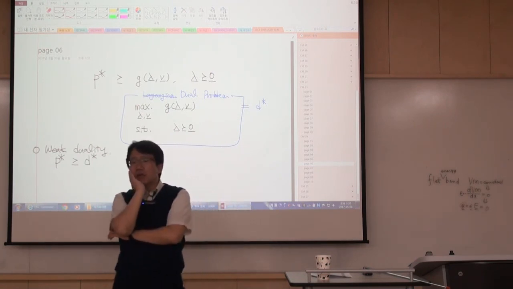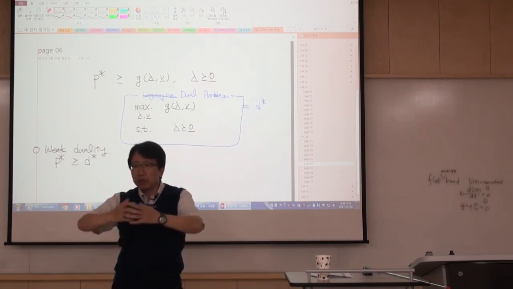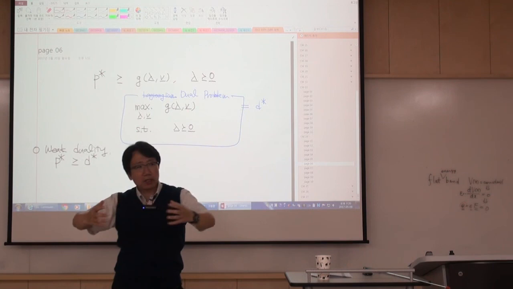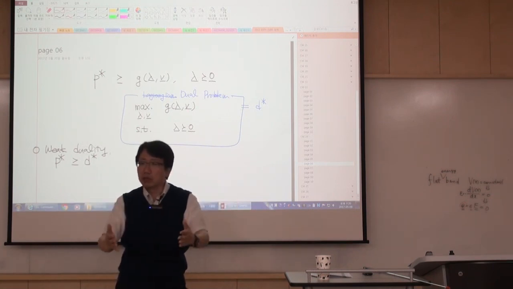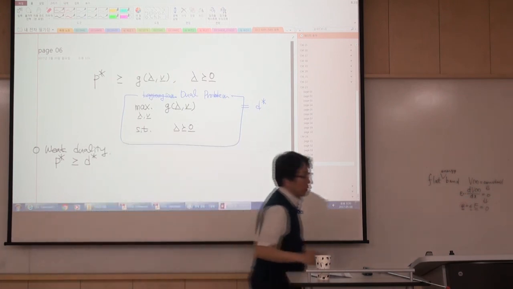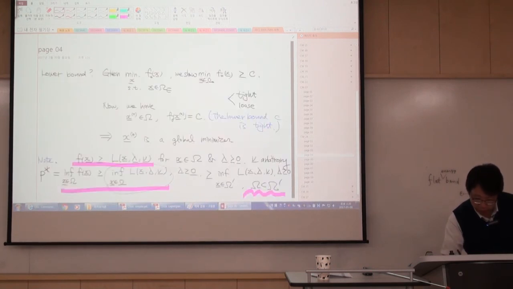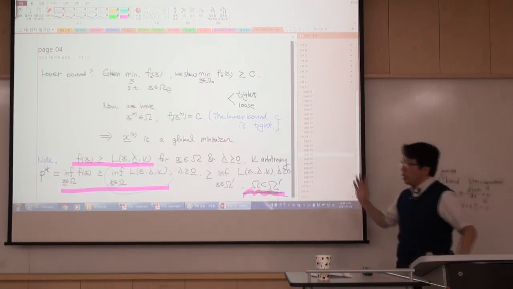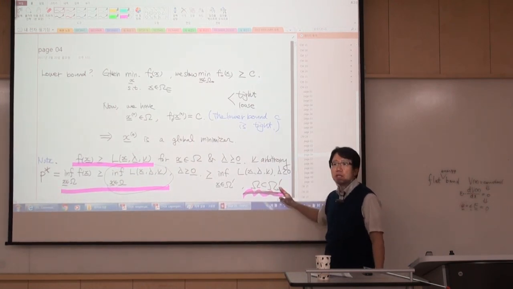And then we apply this idea. What if we relax our constraint set from the original constraint set omega to a bigger one? By the way, here I have to emphasize this. Any omega prime can be chosen. But what is the simplest one?